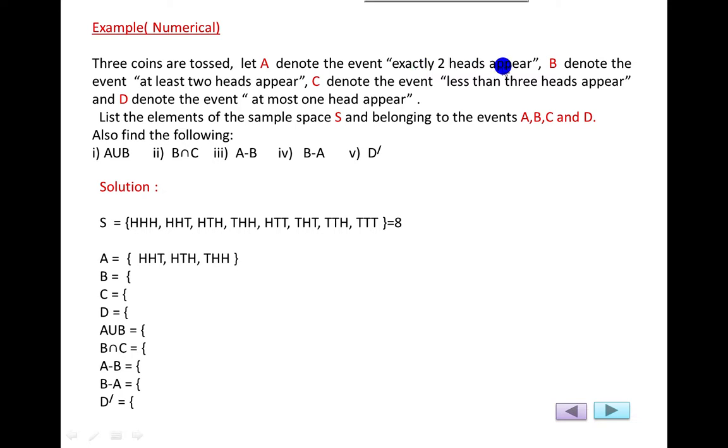Suppose you want to calculate the probability of exactly 2 heads appearing if you throw a coin 3 times or 3 coins 1 time. So probability will be equal to 3 upon 8. Out of 8, 3. Very simple. First we write in the numerator the number of outcomes of the event and divide by the possible outcomes.